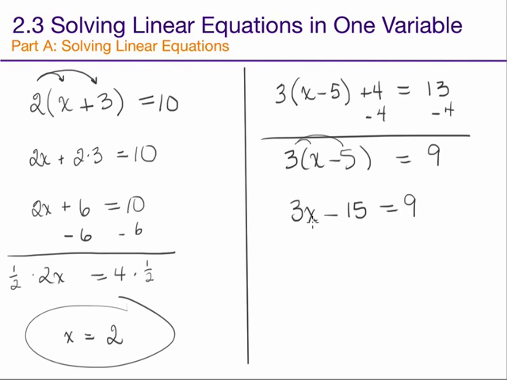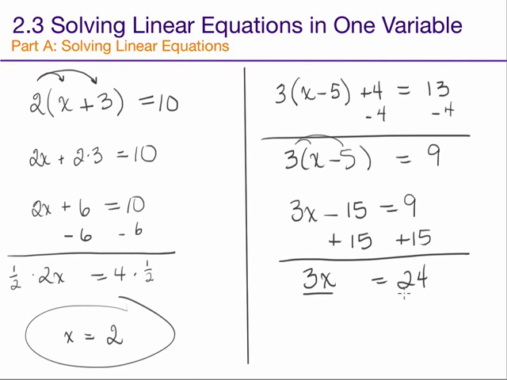Now it's in the form ax plus b equals c. Instead of subtracting this time, I need to add, simply because I need to do the opposite of whatever this operation is in order to get rid of that number hanging off the end there. I get 3x plus 0 equals 24.